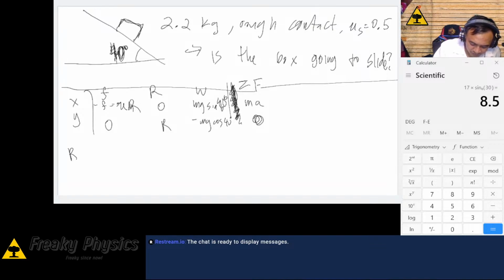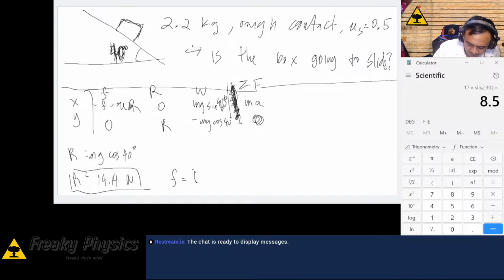So if we solve the y components now, what do we get? We get R equals mg cosine 40 degrees, right? And that is equal to 14.14 newtons. That's your R. You are given your mu, so your friction is half of that, right?